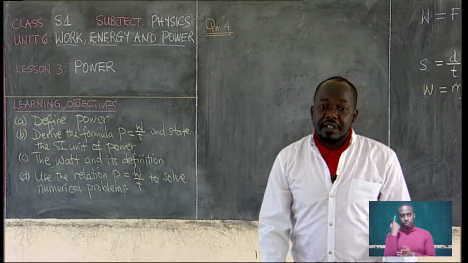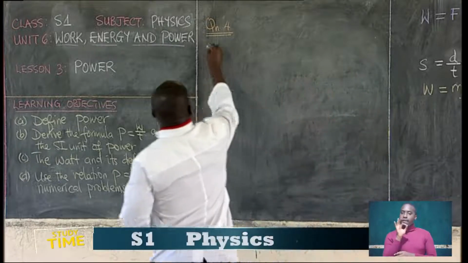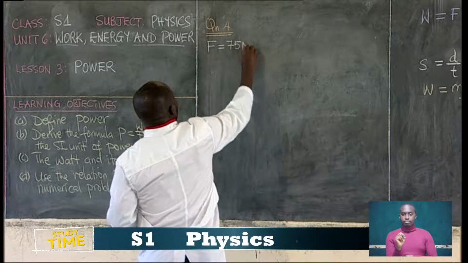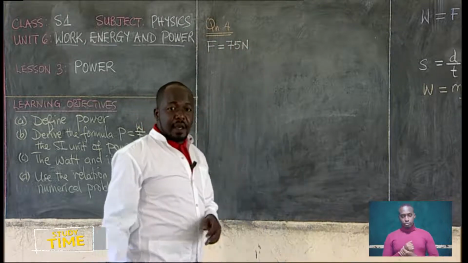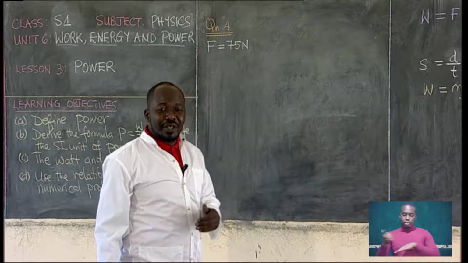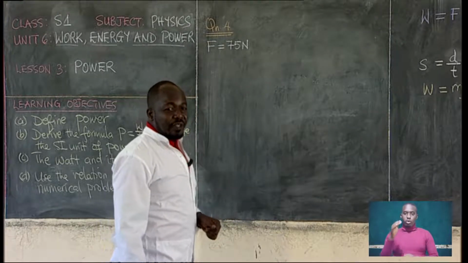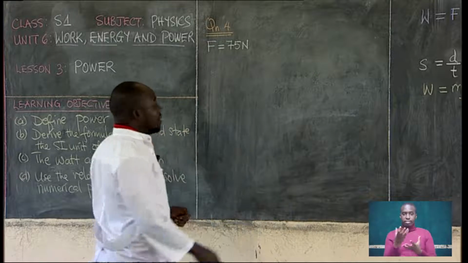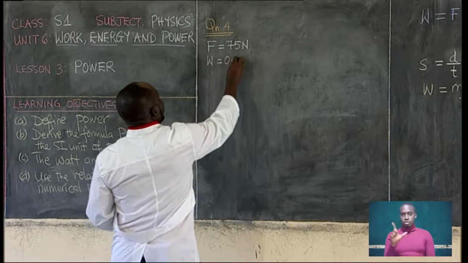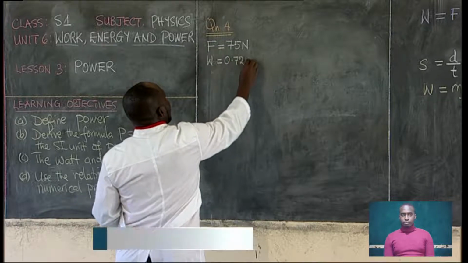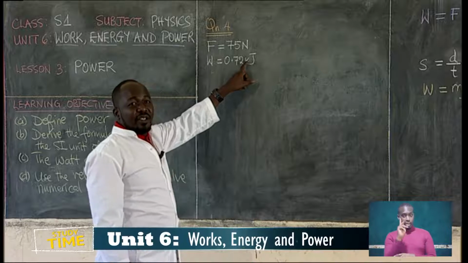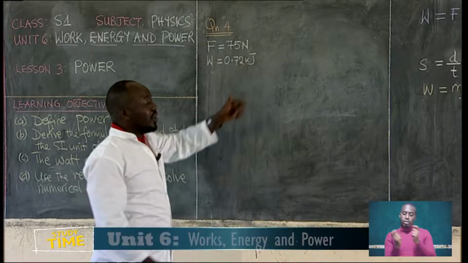A force of 75 newtons, that means here force is equal to 75 newtons. Is applied to a certain body placed on a smooth horizontal surface. If 0.72 kilojoules of work, so it means W is 0.72 kilojoules. Already when you see kilojoules, you must change it into joules.